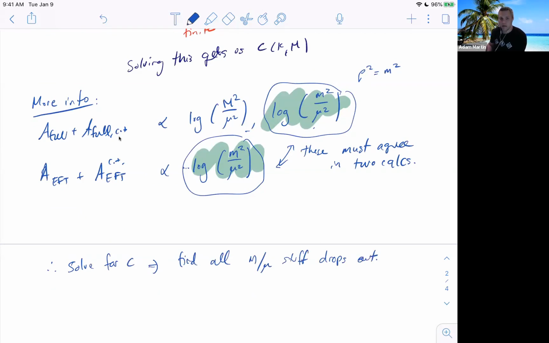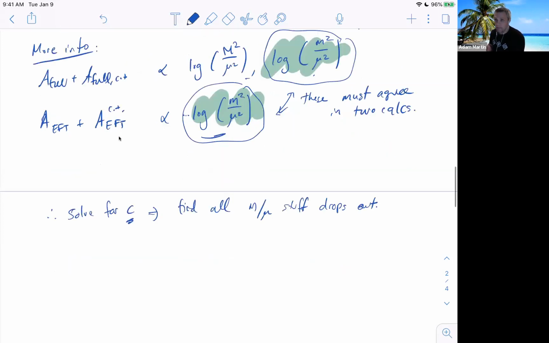The whole idea is that we want to absorb all of that UV physics stuff into the coefficient, and all of the infrared stuff has got to be the same. So it would be a little bit funny if that UV coefficient had any dependence on that infrared stuff. If this thing can't show up, that means that, to say this a better way, this guy is the only thing that can show up in the matching.